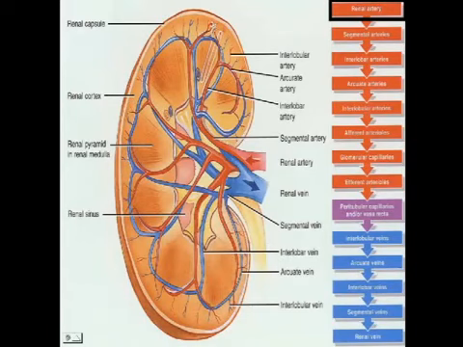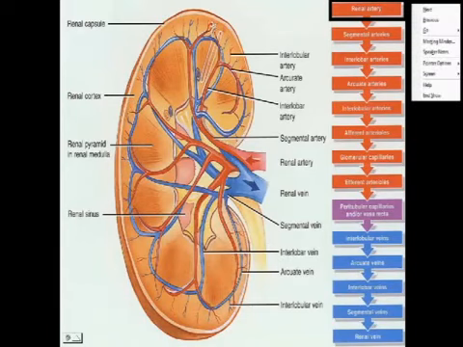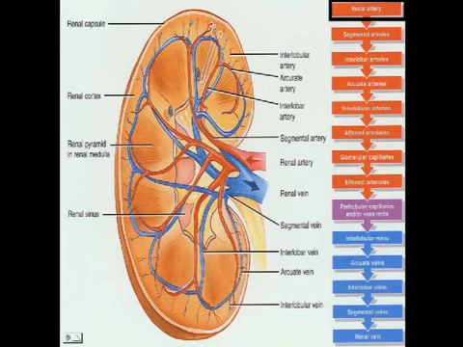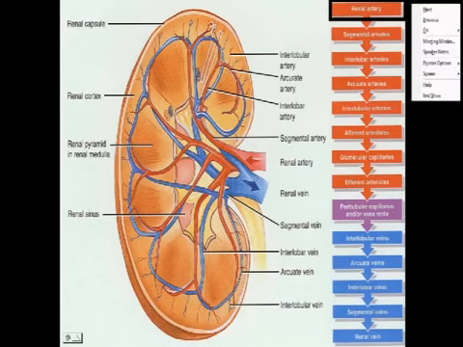The renal artery enters the kidney through the hilum, and then it divides into the segmental arteries. Segmental arteries give rise to the interlobar arteries, and interlobar arteries give rise to the arcuate arteries, which are in between the medulla and the cortex.